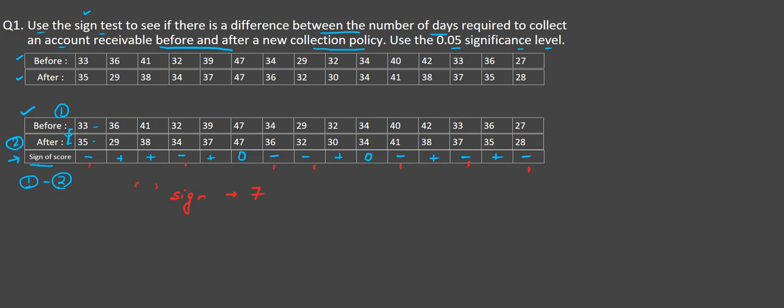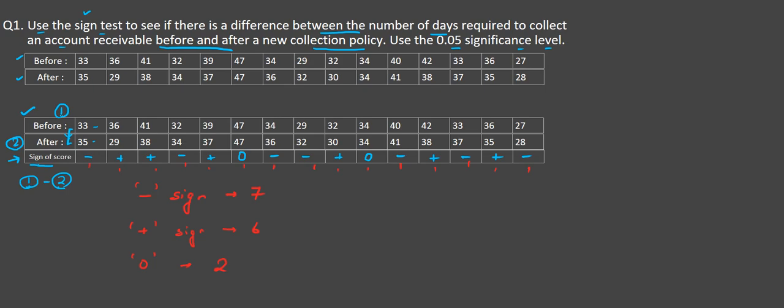Now let's calculate the plus signs. Our plus signs here will be 1, 2, 3, 4, 5 and 6. So our plus sign count is 6, that is 1 less than the minus sign count, and zeros are 1 and 2, so we have only 2 zeros.